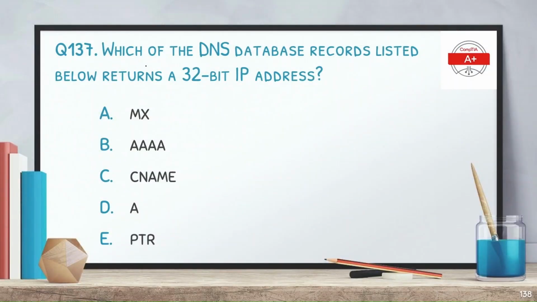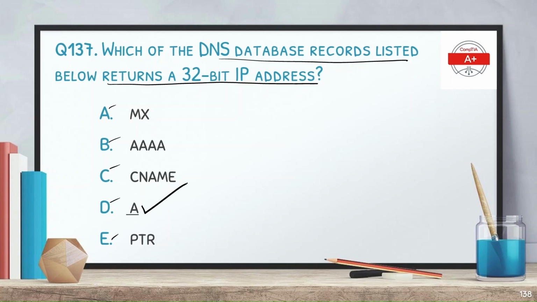Question number 137 is that which of the DNS database records listed below returns a 32-bit IP address? And the options are A, MX, B, AAAA, C, CNAME, D, A, and E, PTR. And the correct option is the A record.